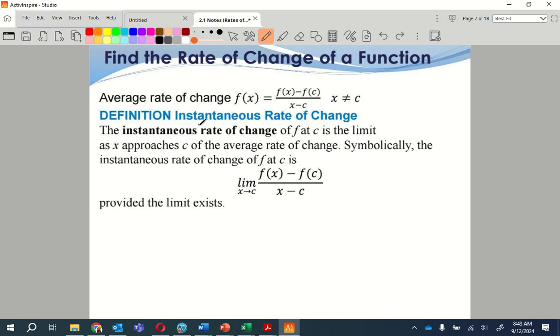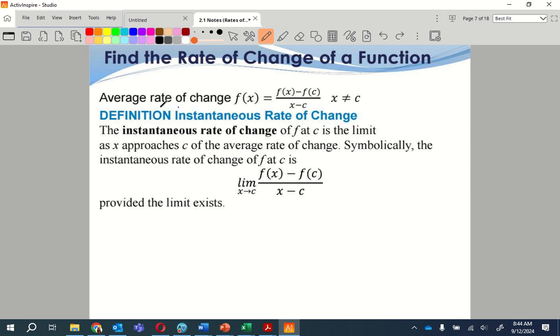So the definition of instantaneous rate of change is f at c is the limit as x approaches c of the average rate of change. Symbolically, instantaneous rate of change of f at c looks like this, provided the limit exists.